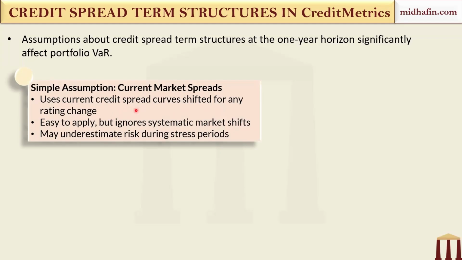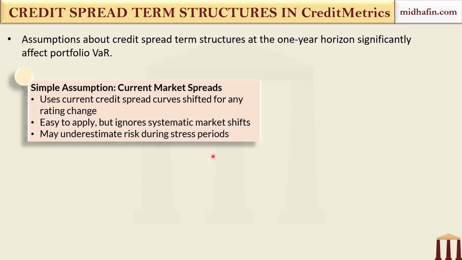So it's quite easy to apply, and that's why it is often used in practice. But it ignores broader systematic market shifts. It assumes spreads move independently of each other, which can lead to a significant underestimation of portfolio risk, especially during periods of stress when spreads across the board tend to widen together.